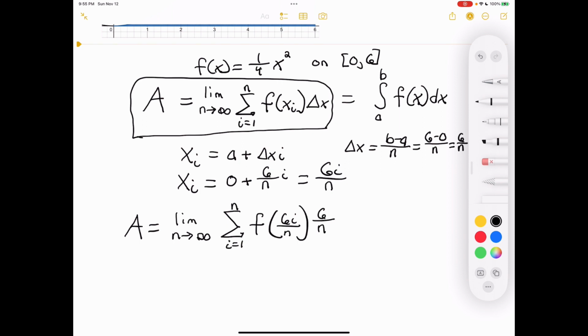And again, just to reiterate, we're not picking a specific n here. We're going to let n stay a variable and see what happens as we let n tend to infinity. Because clearly, as we showed before, as n increases, as the number of rectangles increases, the more accurate the estimate of area becomes.